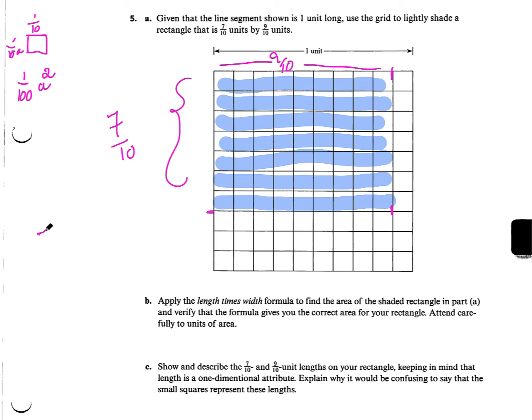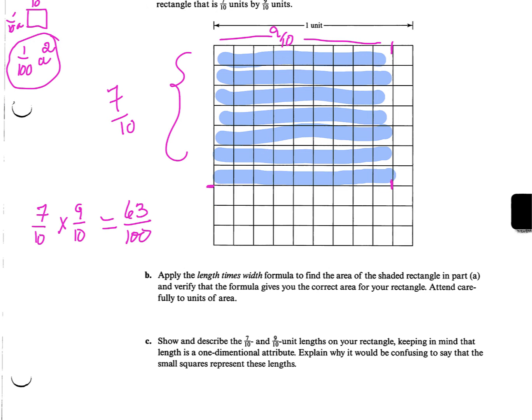The area would be 7/10 of a group when there's 9/10 of an object in each group, so we'll end up with 63 hundredths. So that would mean we'd have 63 of these 1/100th square units. So these are our one-dimensional attributes, 7/10 of a unit and 9/10 of a unit.